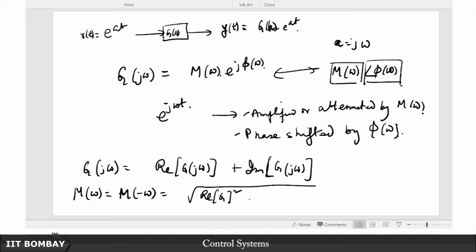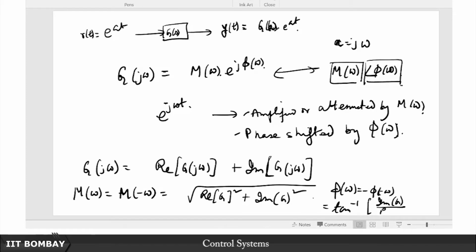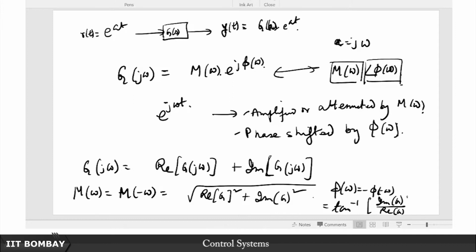Of course, I am omitting this j omega for brevity, but you can understand that it is there. And this phi(omega), which is equal to minus phi(minus omega), because it is an odd function, is given by, of course, tan inverse of imaginary part of G upon real part of G, right.